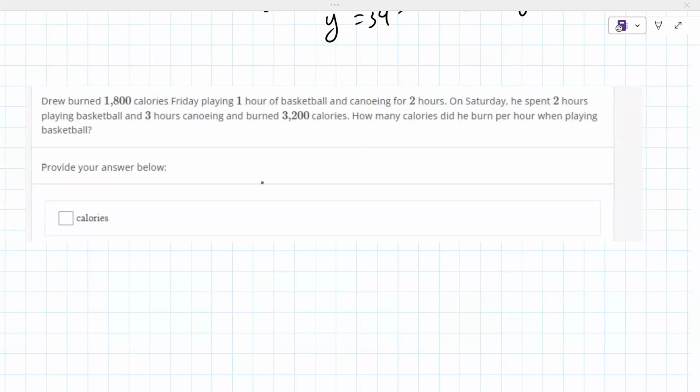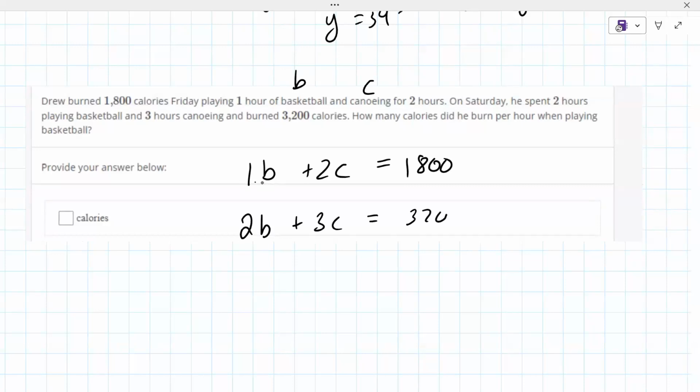Okay, so it's like 1B for basketball plus 2C for canoeing equals 1,800. And then it's 2B plus 3C equals 3,200. Take a look at those equations and see how I came up with those.